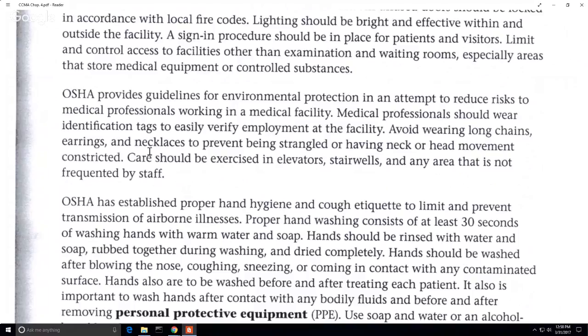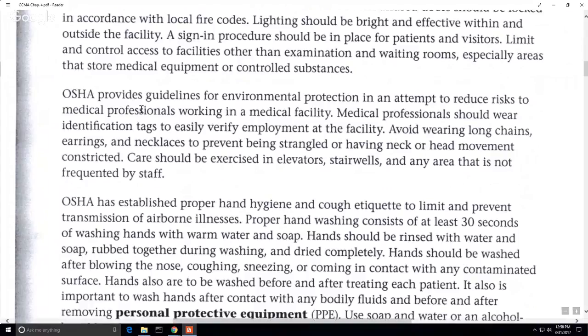The hands should be rinsed with water and soap, rubbed together during washing, and dried completely. Hands should be washed after blowing the nose, coughing, sneezing, or coming in contact with any contaminated source. Hands also are to be washed before and after treating each patient.